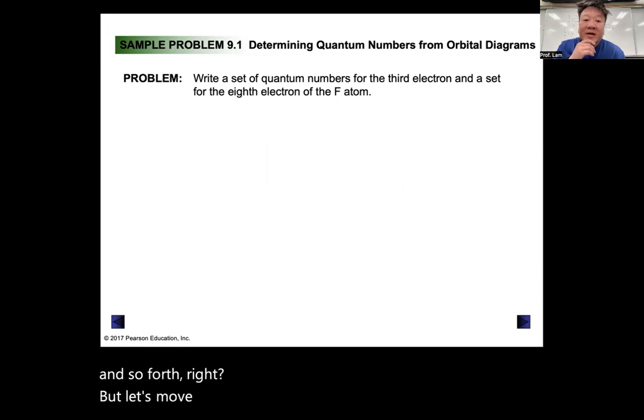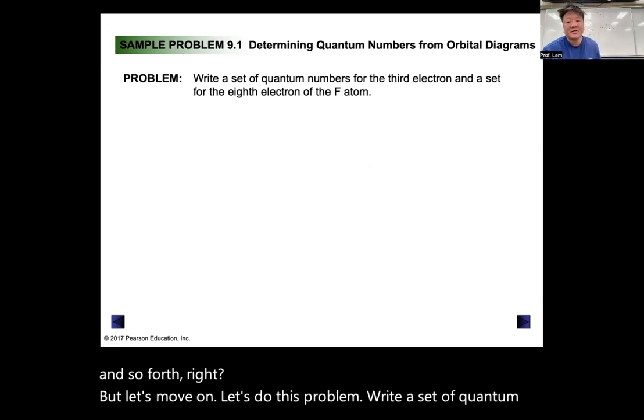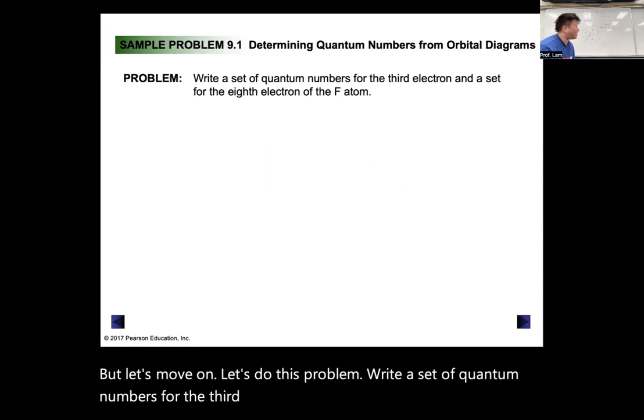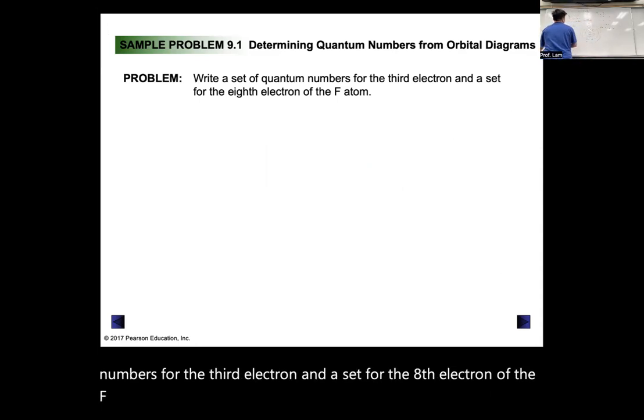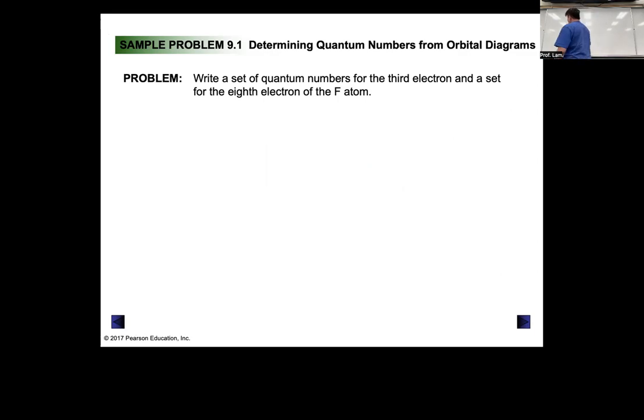Let's do this problem. Write a set of quantum numbers for the third electron and a set for the eighth electron of the F atom. So third and eighth electron of the fluorine atom.